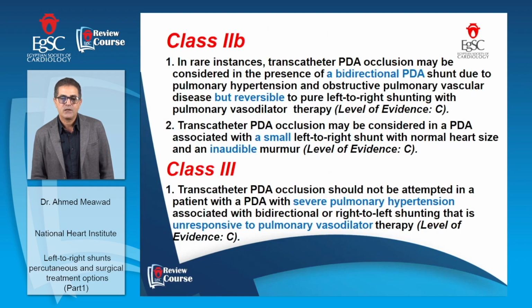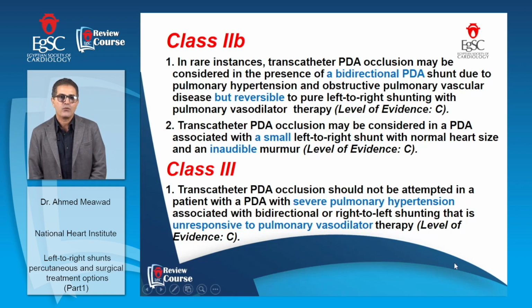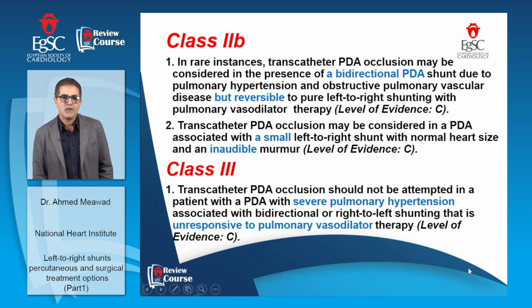Class 2B, if there is bidirectional shunt at the level of the PDA, but reversible with pulmonary vasodilator. If it is small and inaudible, it is also considered class 2B. If there is severe pulmonary hypertension that is unresponsive to pulmonary vasodilatation, it is class 3.